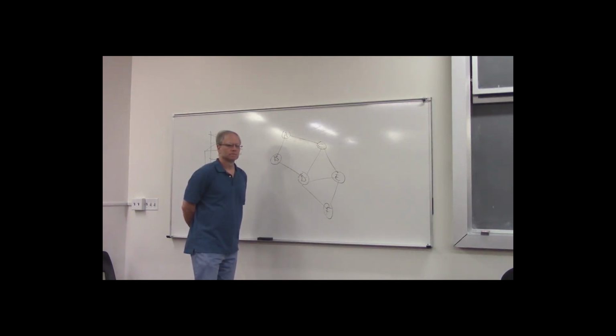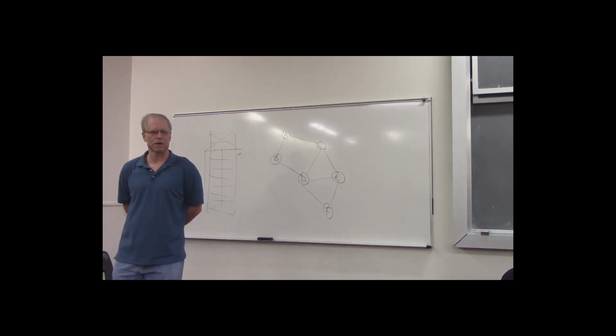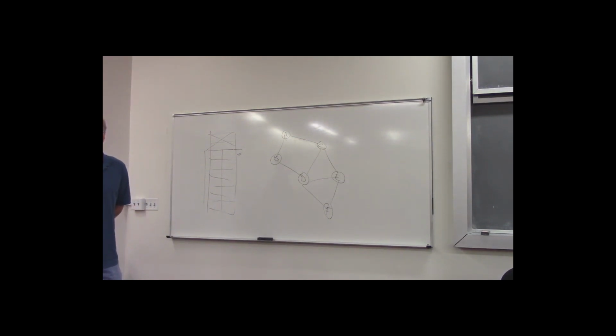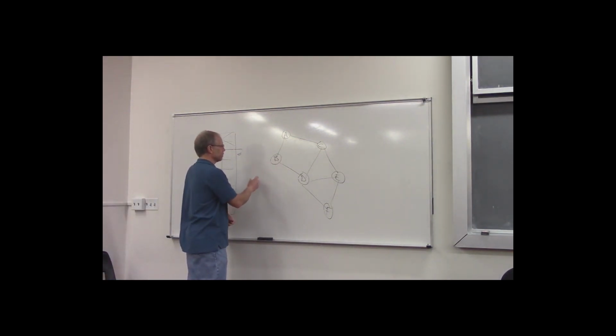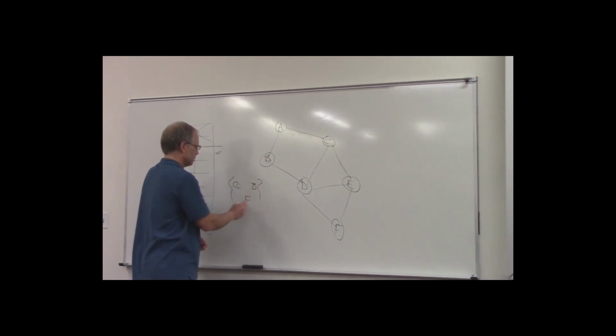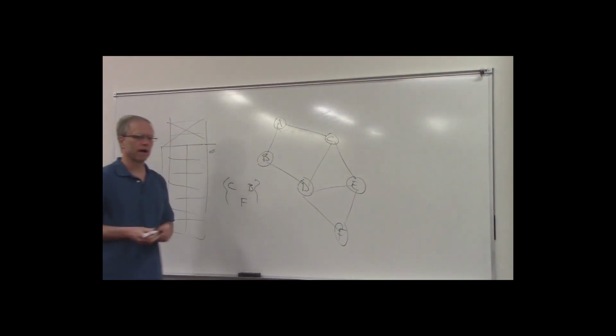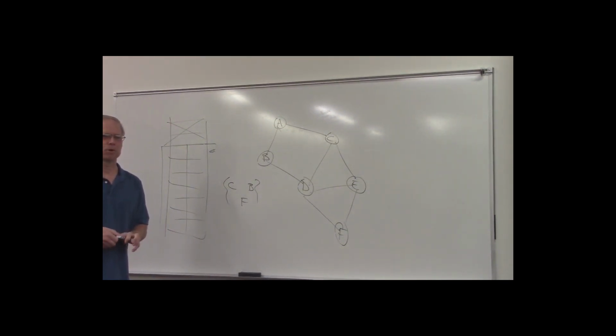Given a graph and a number n, give me back an independent set of size at least n. Okay, so the question is, is that easy to verify? Suppose n was 3 and someone gave you back the set B, C, F. Could you verify that that was actually an independent set of size at least 3?